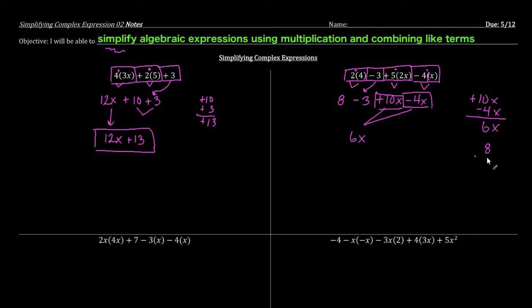That should be easy. 8 minus 3 is positive 5. So plus 5. Remember, we stopped there because we can't put the x term with the non-x term. This one has x, this one does not.